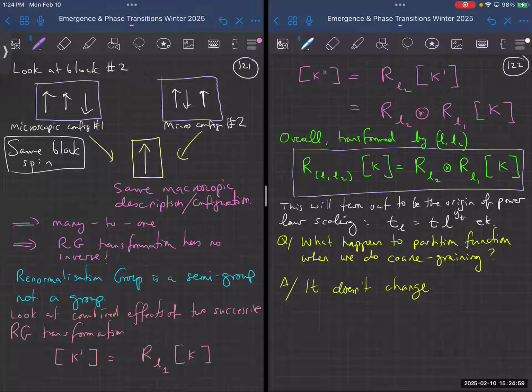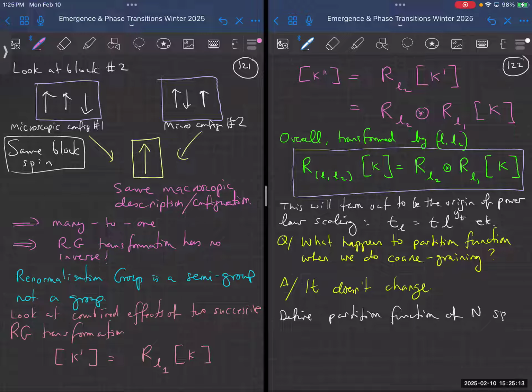So I'm going to define the partition function of n spins.